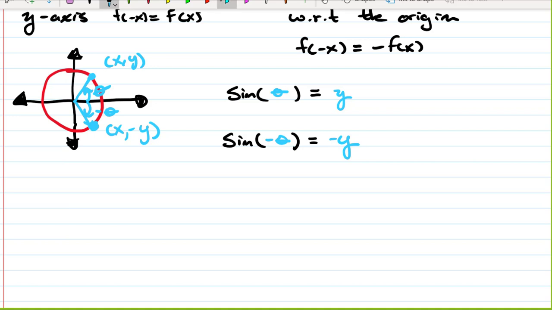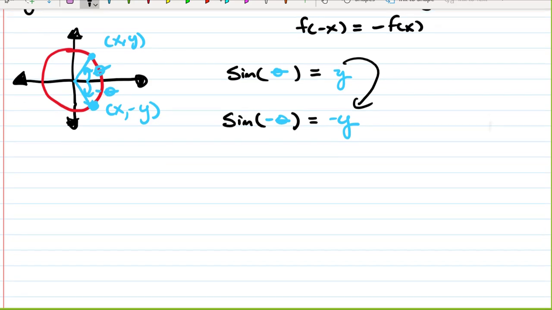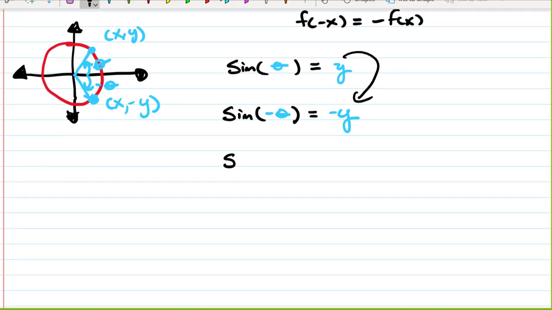If I substitute this into that equation, I get that the sine of negative theta is equal to, this minus sign comes straight down, and I replace y with sine theta. So the sine of negative theta is the same as the negative sine of theta.